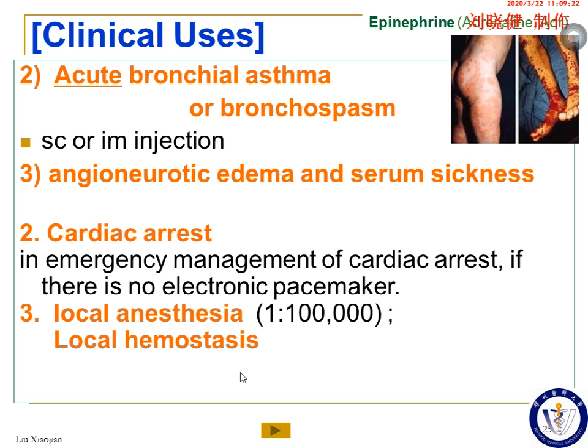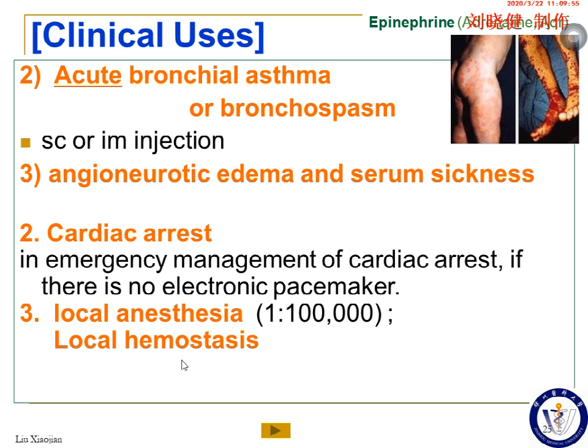Similar to norepinephrine, this drug is also used for local hemostasis, usually for hemorrhage from the mucous membrane of the nose, or gingival hemorrhage.